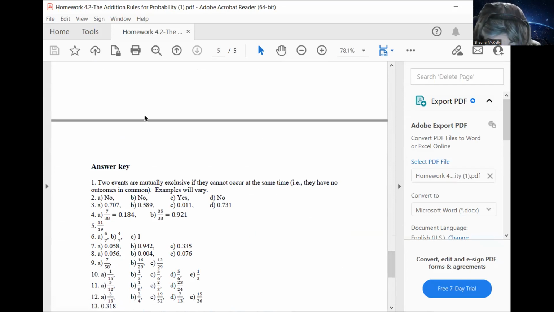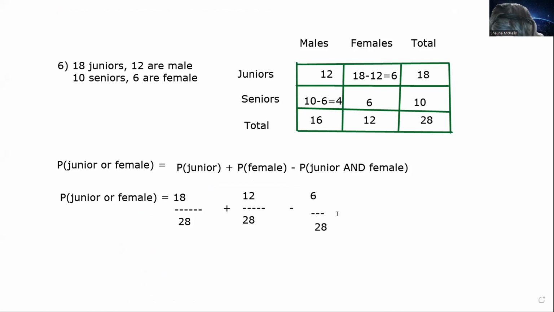So here, we're going to say that this is equal to 24 over 28, and that's equal to 6 over 7, right?